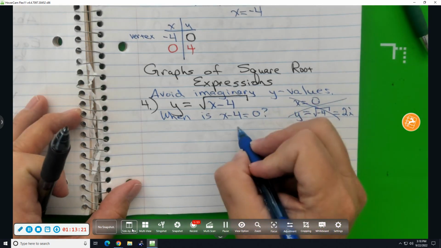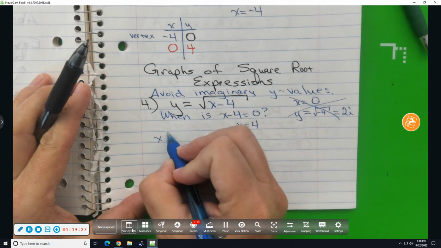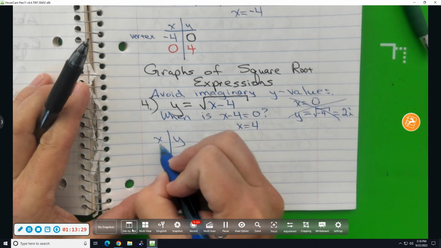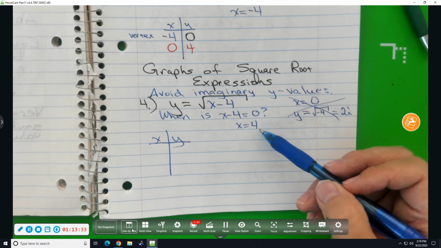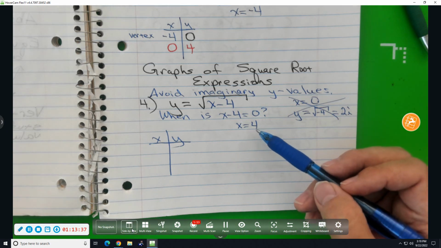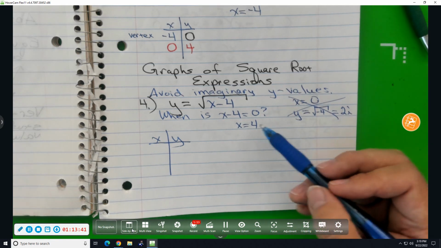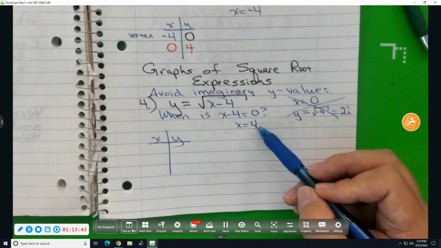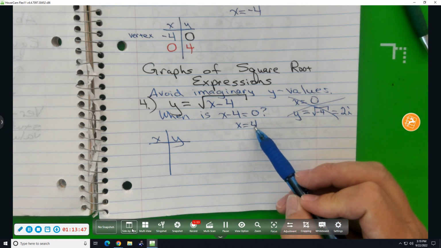X will equal 4. So the square root of 0, which is just 0, so that's why we take 0. Now, one side of 4 is going to create imaginary numbers. The other side of 4 is going to give us real numbers that we can plot. So we know 4 is going to be a starting point.